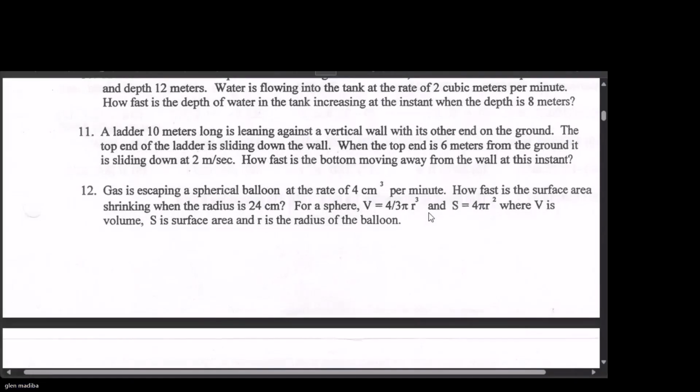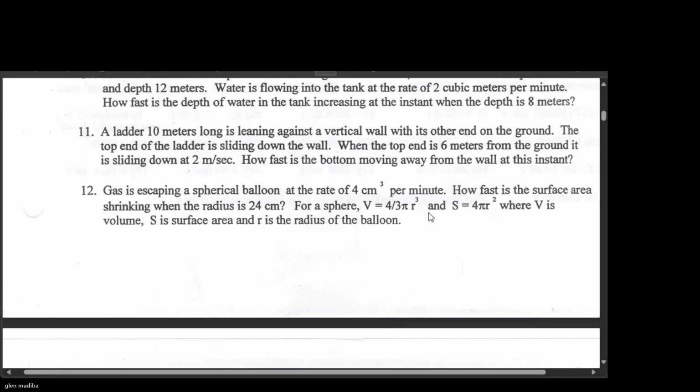After doing that, now we simplify this. We take all these constants to the other side and make dr over dt the subject of the formula.